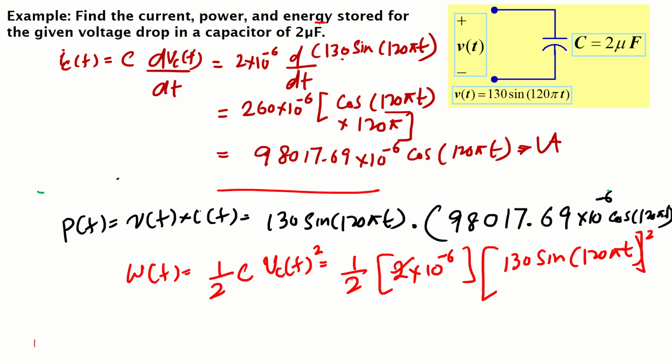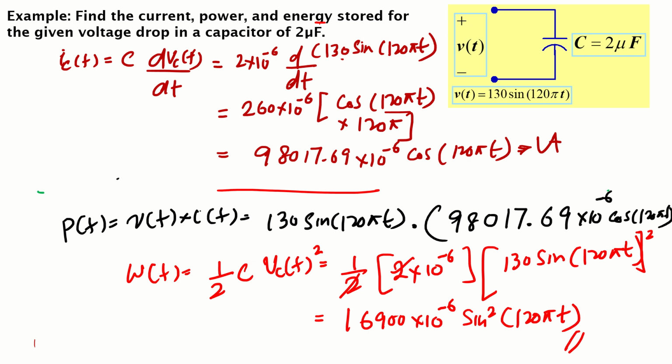We can do some simplification: the 2 and 2 cancel out, so I have 130 squared, because the term is squared, that is 16900 times 10 power minus 6, and we have sine squared 120 pi t. That will be the energy for this case.